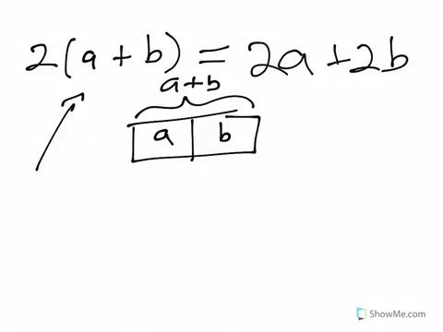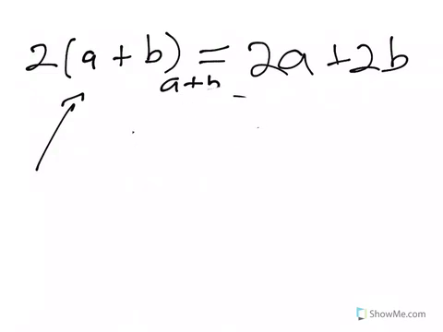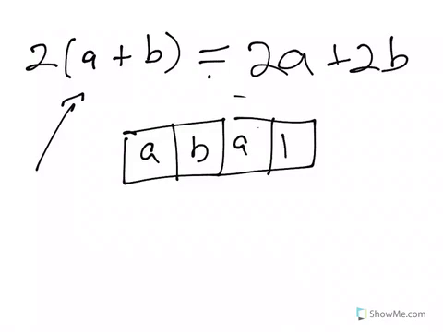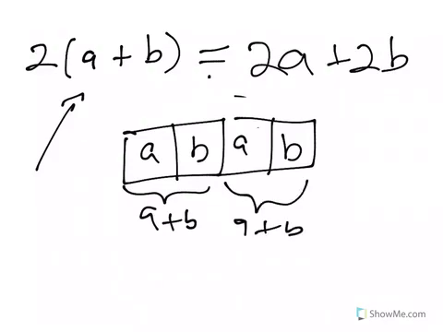So then we're going to erase this and add more to it. So we've got a plus b, and we're going to add on a plus b. So again, we have a plus b here with a plus b here. We have 2 of them, right? We're multiplying by 2. You see that.